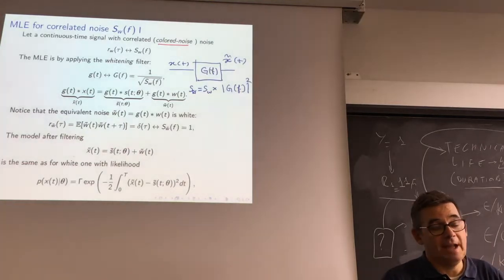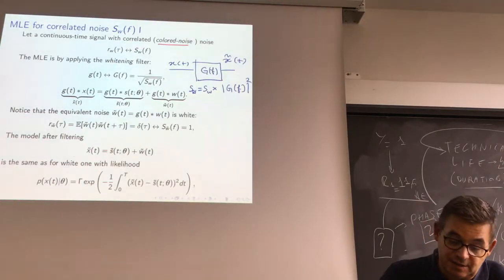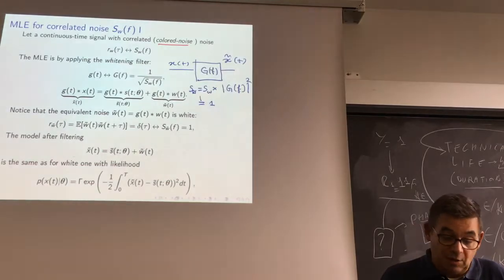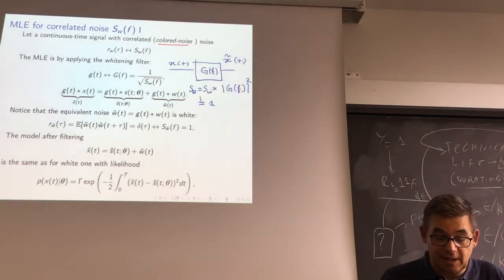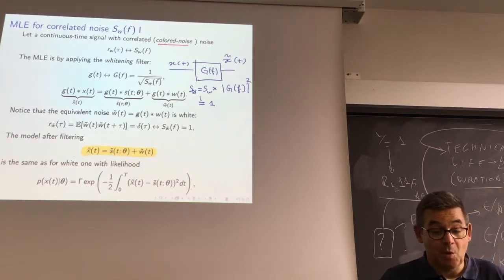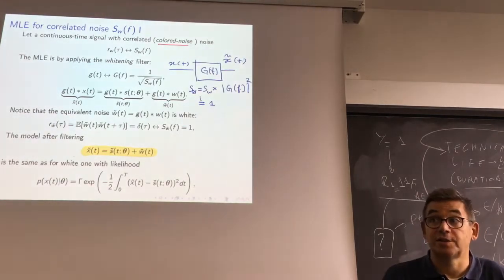And it is trivial to verify that this is equal to 1 for this specific choice. According to that, my new model is simply a pre-whitened model. So this filter that behaves this way is called whitening filter.